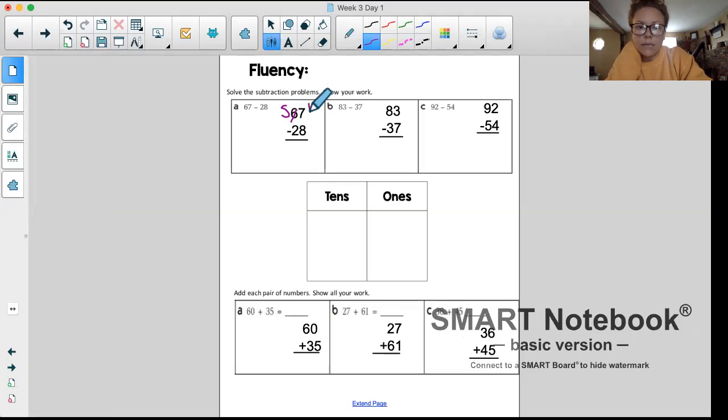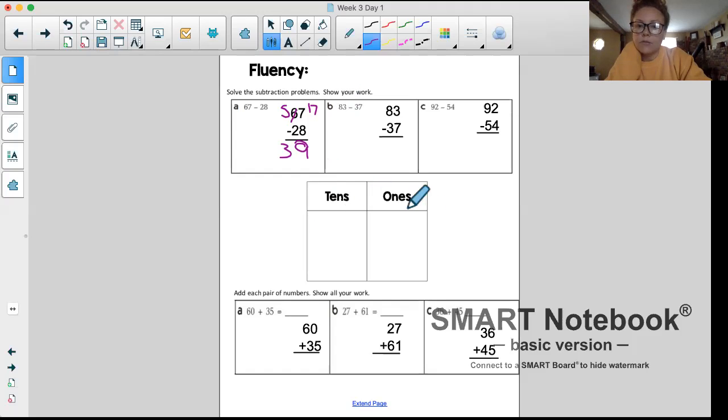So now I'm looking at 17 ones. 17 minus 8 is 9. And 5 minus 2 is 3. So your first answer, your difference here is 39.